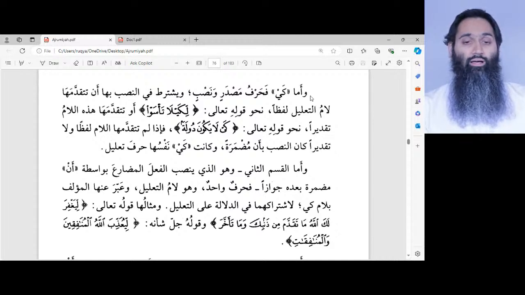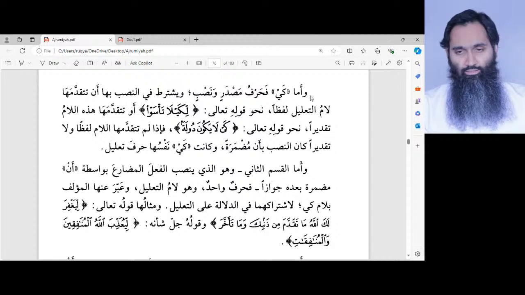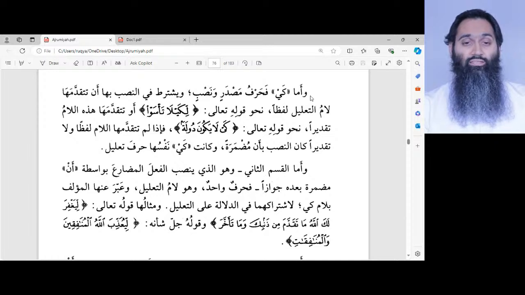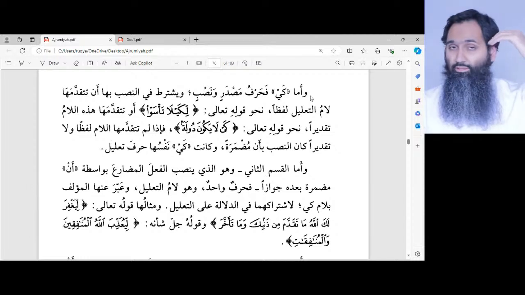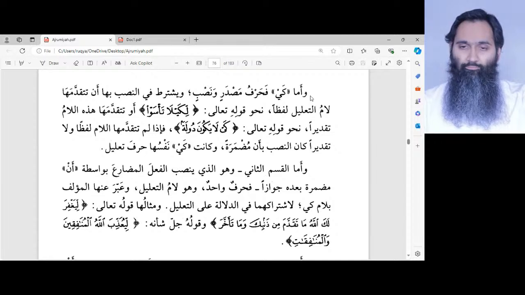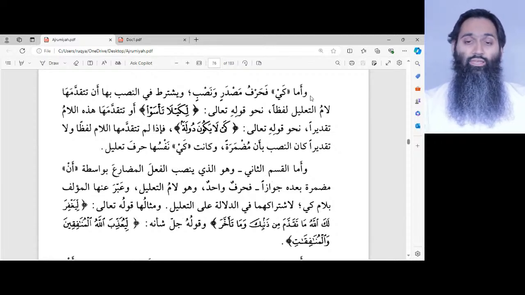أو تتقدم هذه اللام تقديرا, or that this lam that we're talking about, لام تعليل, comes before k taqdeeran. It's not there lafdan, you cannot see it, but we assume it's there. نحو قوله تعالى كي لا يكون دولة.